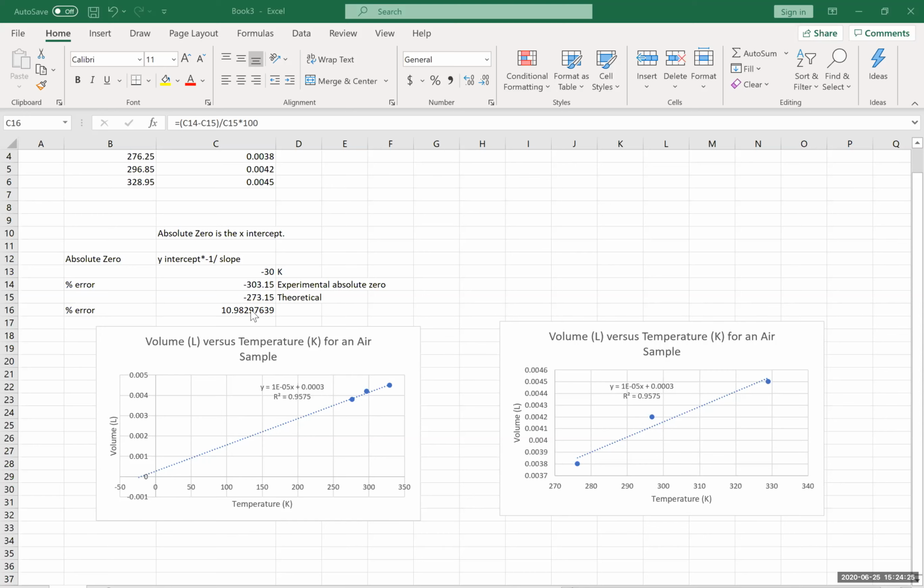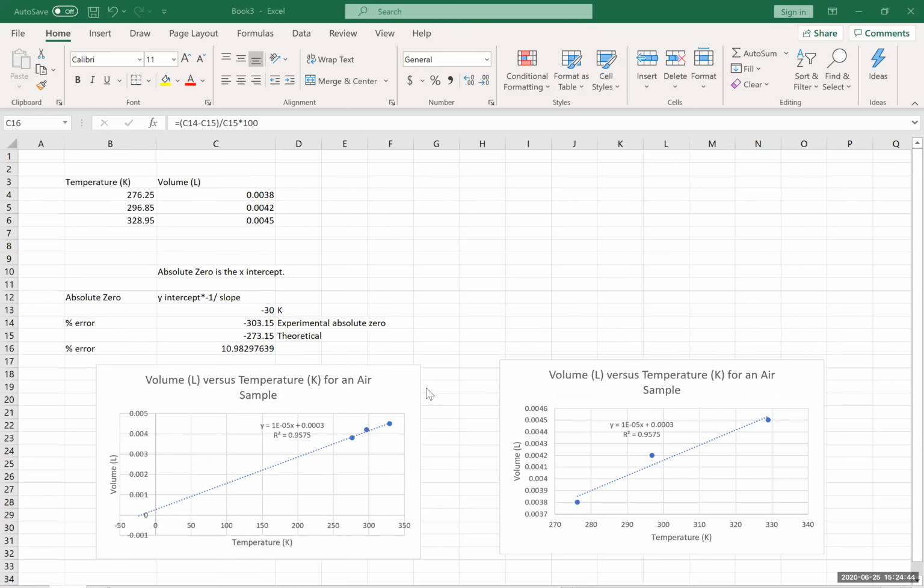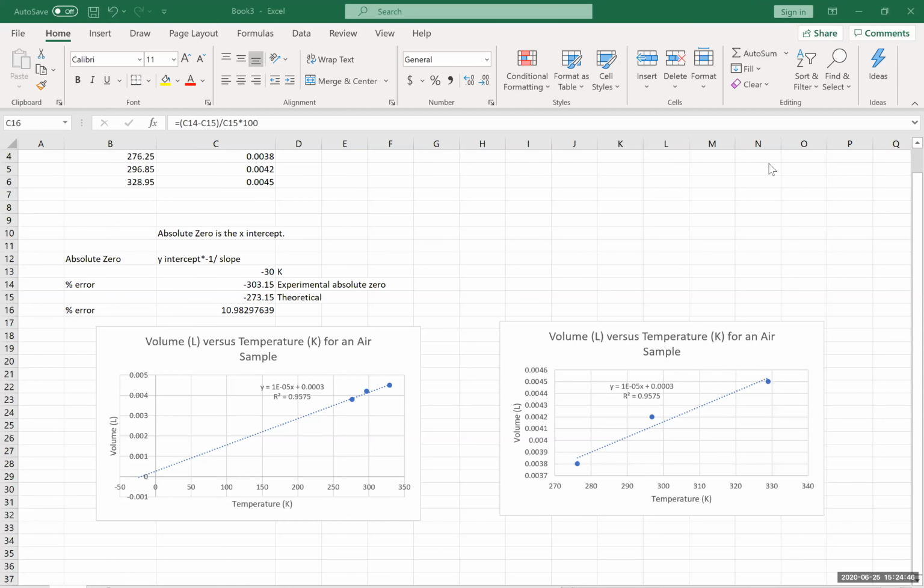The reason we do that is if you keep it in kelvins, you run into an issue where you try to divide by 0. Does this make sense to everyone? Any questions on analyzing the data from part 2 of this experiment? Otherwise, you have all the information you need to complete your laboratory report and turn in your graphs for part 2 of the Charles' Law experiment.